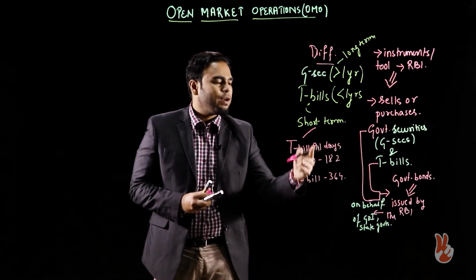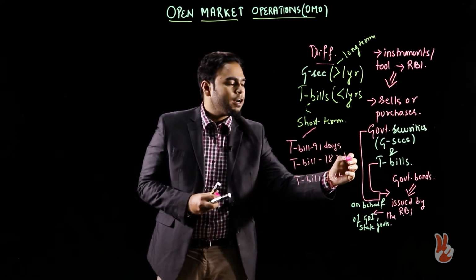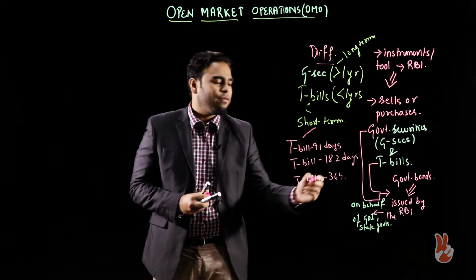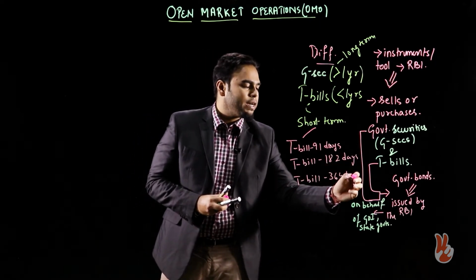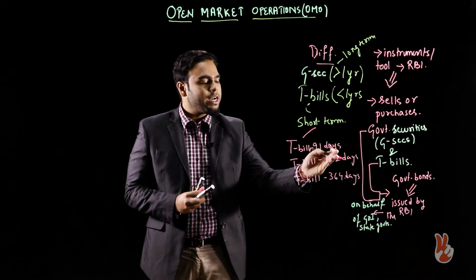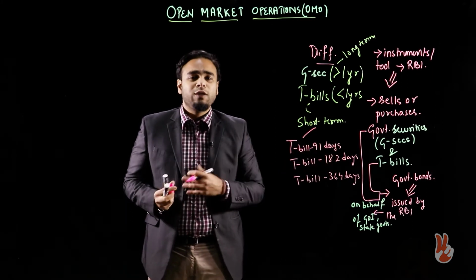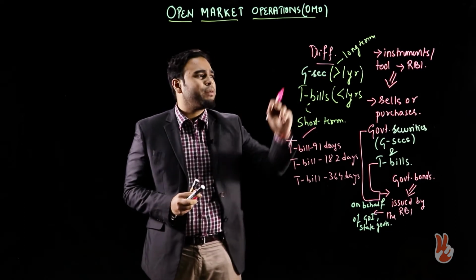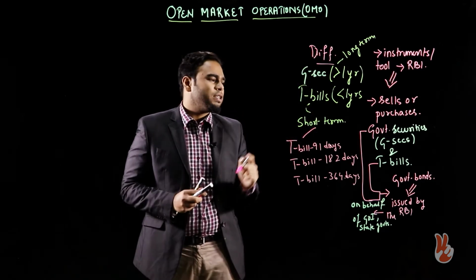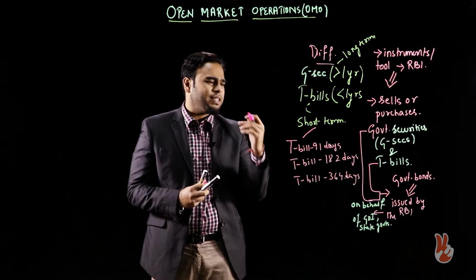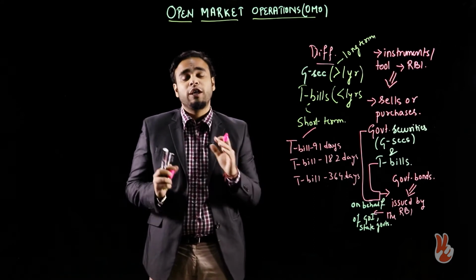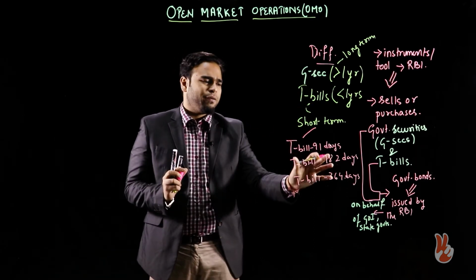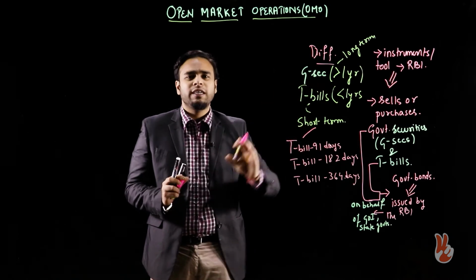This Treasury bill will have a maturity after 182 days and this will have maturity after 364 days. Now if you see here 91, 182, 364 is less than 1 year. Hence these are all short term, whereas your government securities will have a maturity of more than 1 year. So this is the only difference between your G-Sec and Treasury bill. In order to understand OMO, this brief about the T-bills and G-securities is enough.